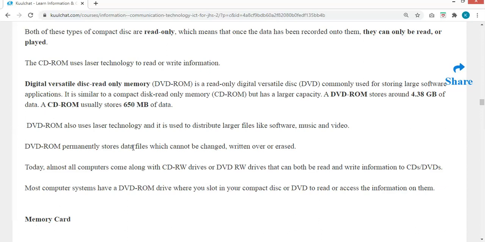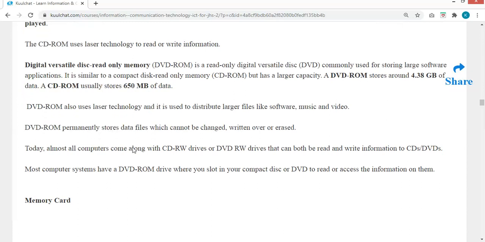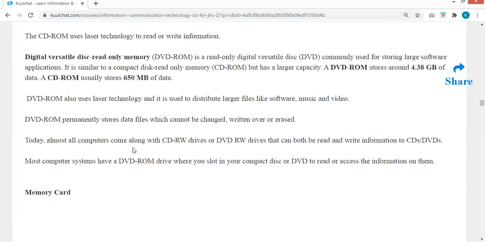Now today, almost all computers come along with CD-RW. With the CD-RW, you can both read and write. That's the difference. Likewise with DVD-RW, you can both read and write information to the CDs and DVDs.